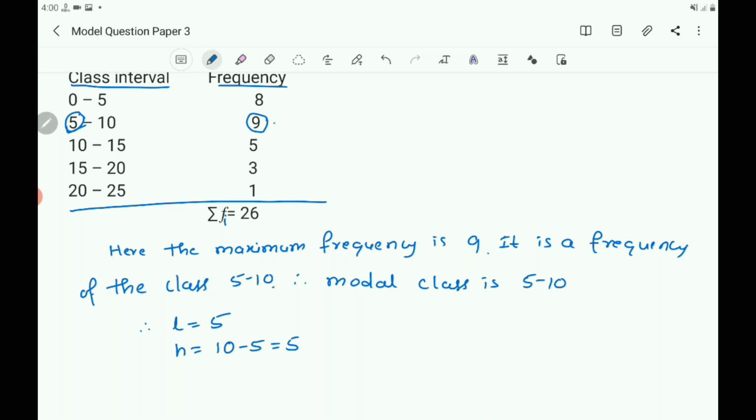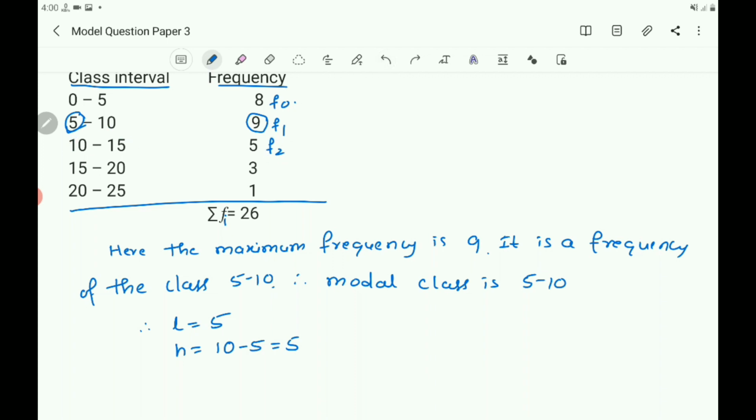Then you know that this is f1, this is f0 and this is f2. That is, the frequency of the modal class is f1, the frequency of the class below the modal class is f0, and the frequency of the class after the modal class is f2.